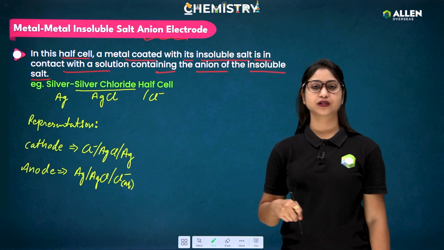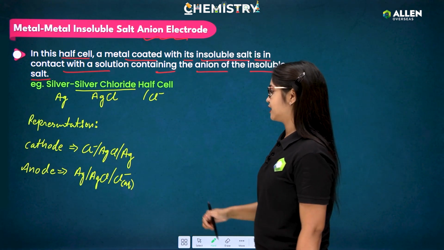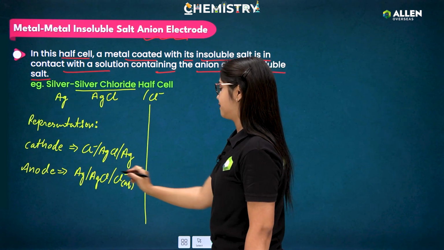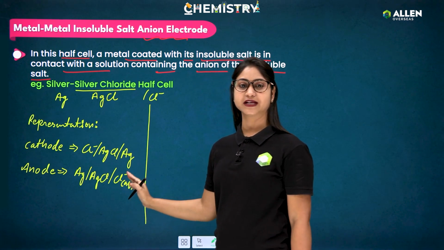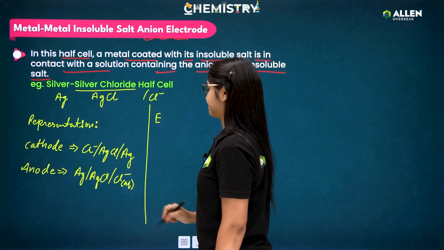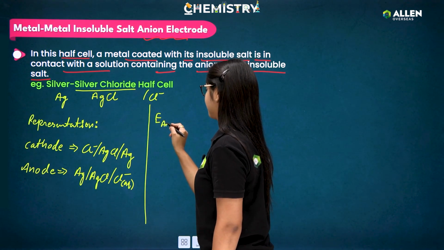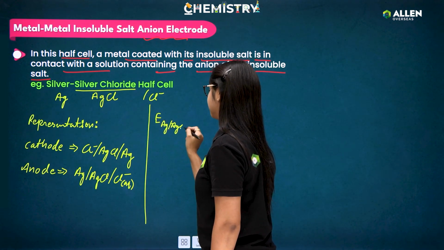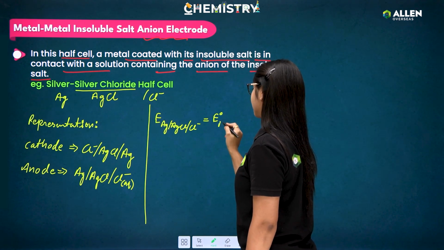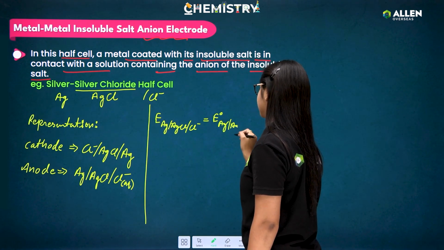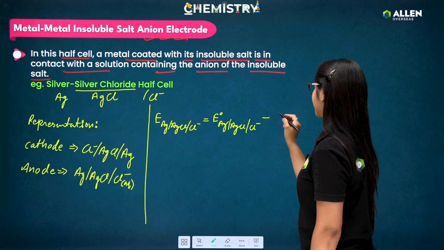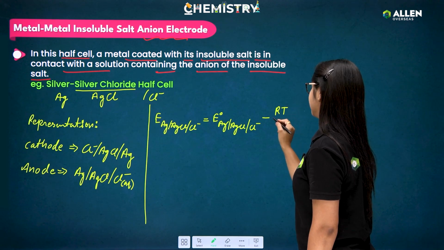Now, if we talk about the E cell, the EMF of this half cell, then how we can calculate? I am writing the EMF for the anode when it is acting as an anode, right? So E cell means E of AgCl Cl minus equal to E naught of AgCl Cl minus, minus RT upon nF.